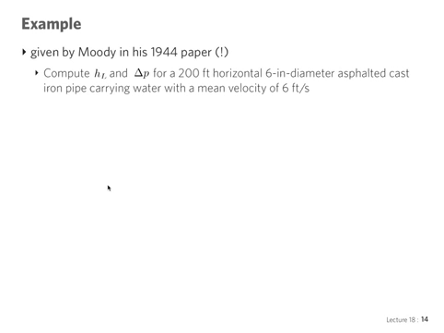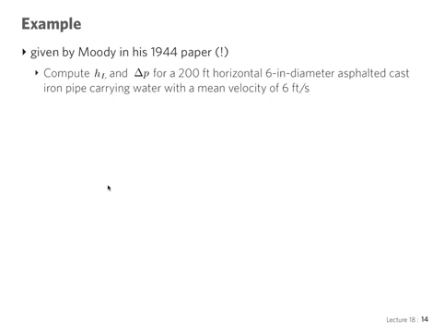Okay. This is actually the example given by Mr. Moody in his famous 1944 paper. Because it's such an old example, it is of course in British units. The metric system hadn't yet been disseminated at that point.